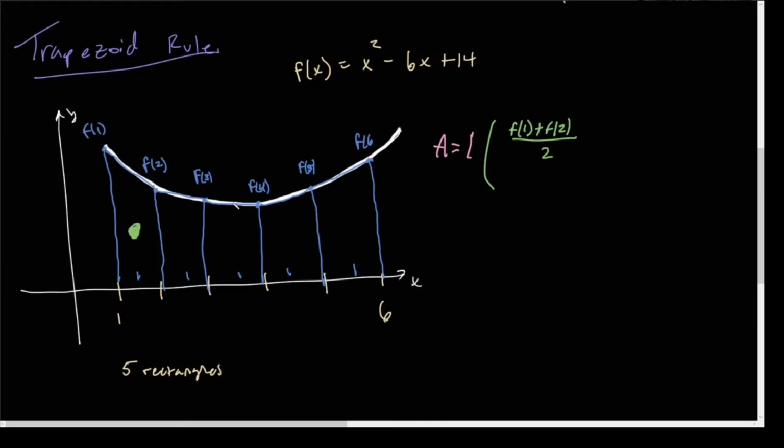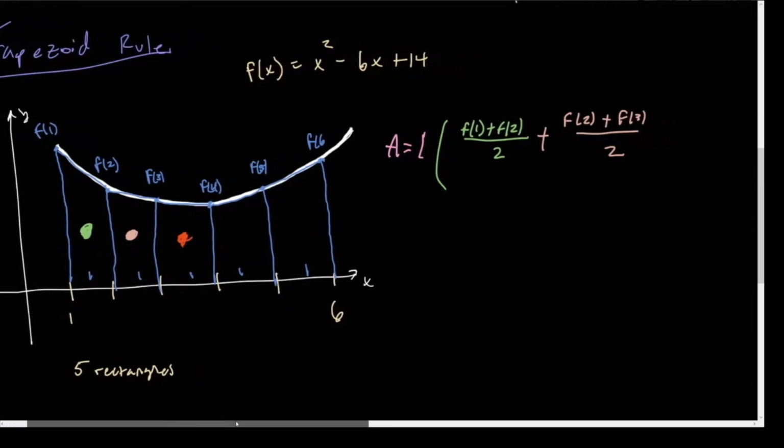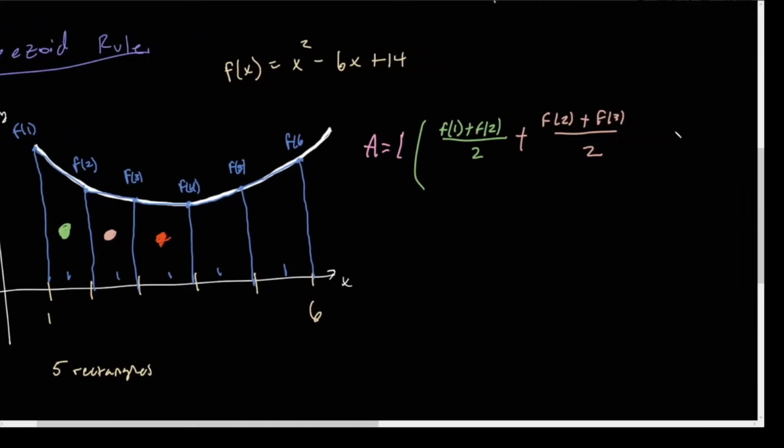So now I'll do rectangle 2. This would be f of 2 plus f of 3 divided by 2. Let me do rectangle 4. This would be f of 3 plus f of 4 divided by 2.